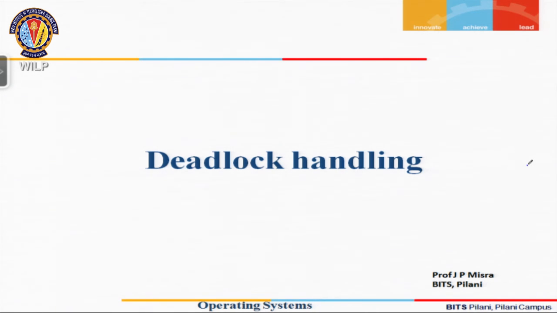In the entire discussions pertaining to process synchronization, we had essentially seen that the problem arises because the processes are going to be competing, and the amount of resources in the system is going to be finite, and some of the resources are going to be non-shareable resources.